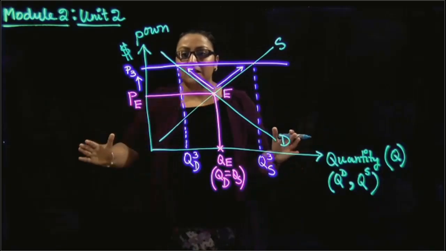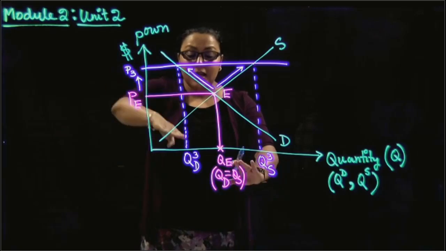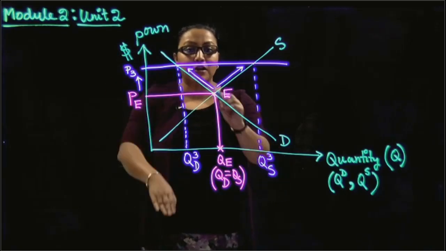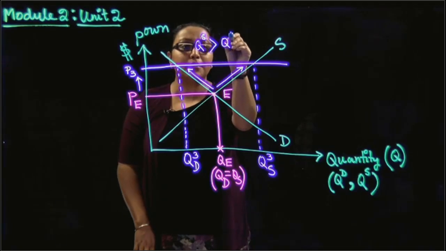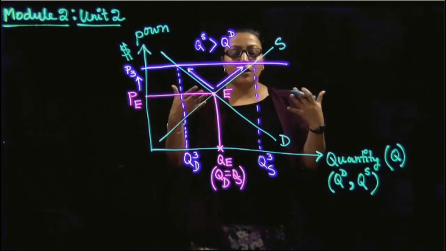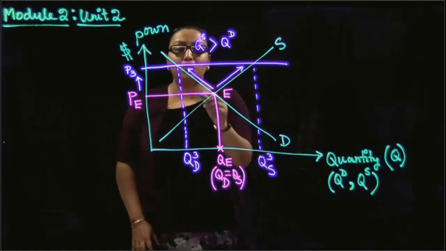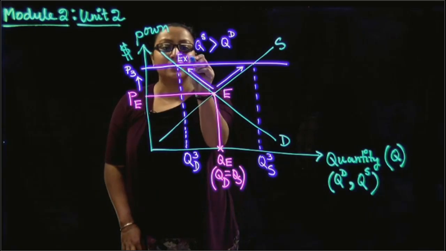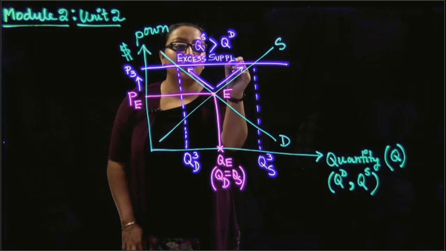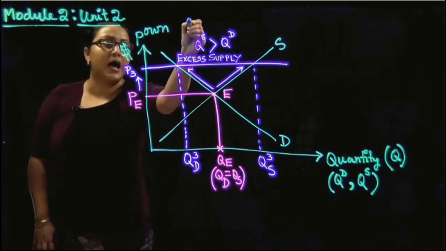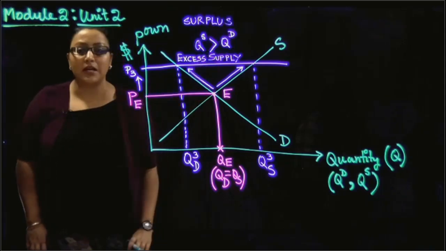So this basically means that at price level P3, my quantity supplied is higher than my quantity demanded. So along P3, the quantity supplied is greater than quantity demanded. That means there is more available in the market than what the buyers want to buy. Now this situation is also known as excess supply, and another word for excess supply is surplus. So what we see here is a surplus in the market.